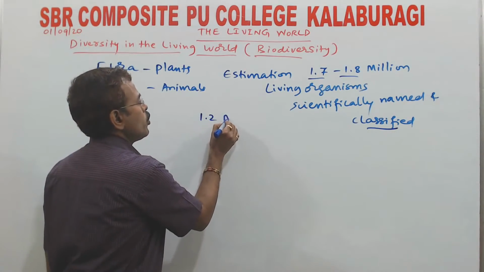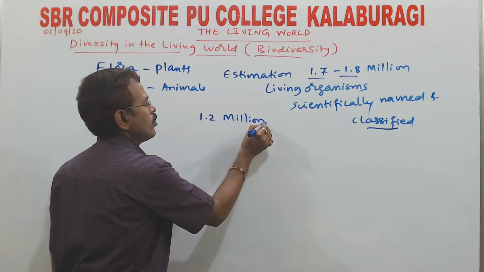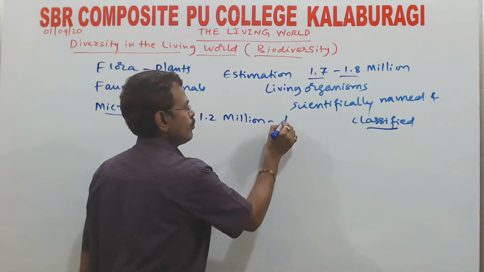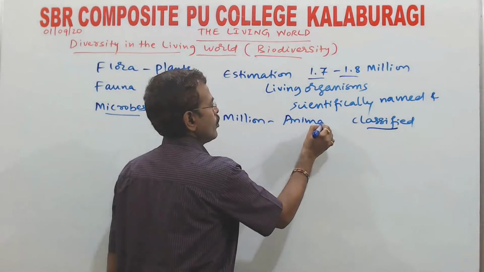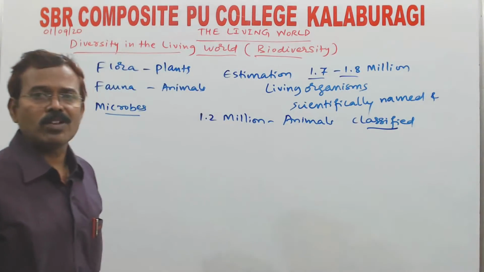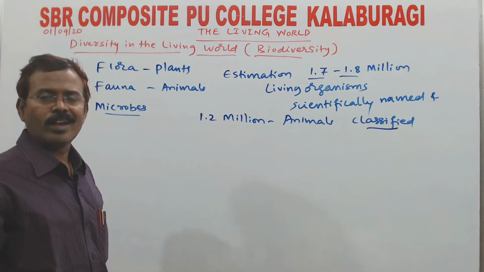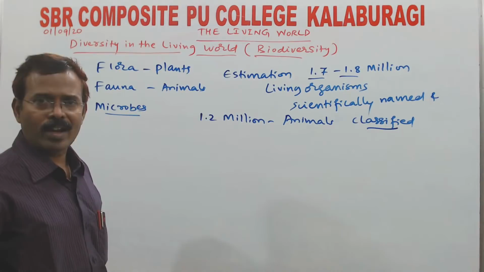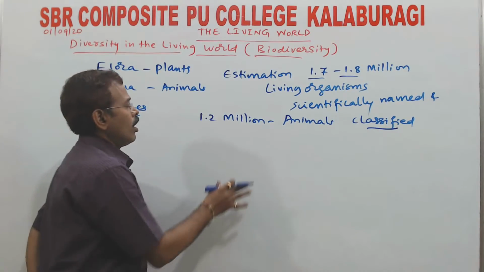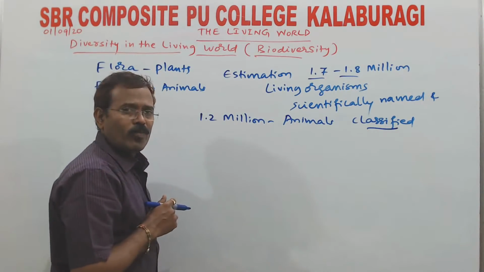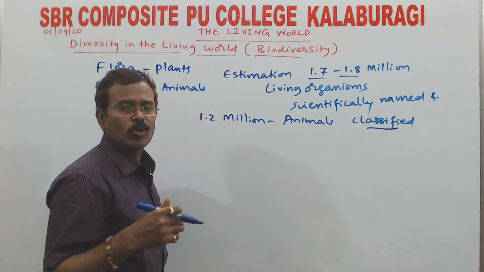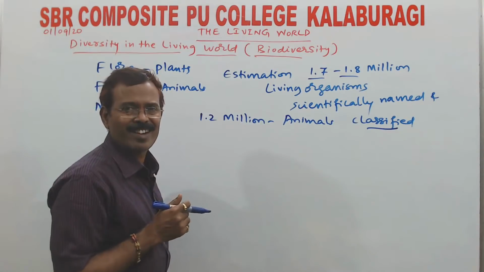Out of these, around 1.2 million are animals, a large number of animals living on land and even in aquatic habitat. Out of the 1.2 million animals, we have more than 10 lakh species of insects, that is the largest group in the animal kingdom.